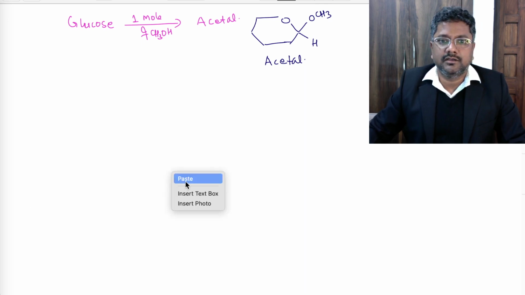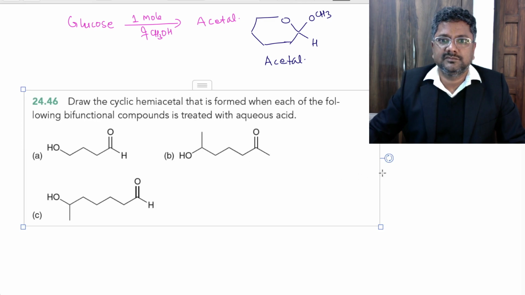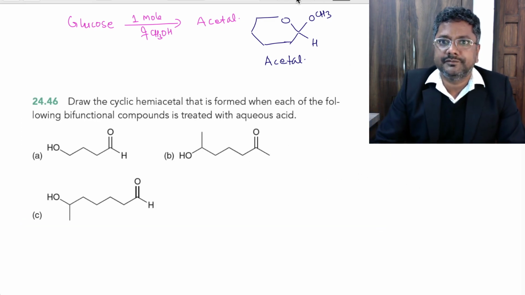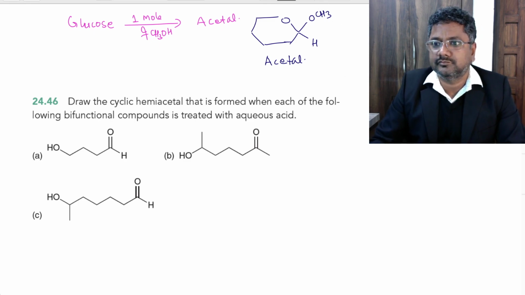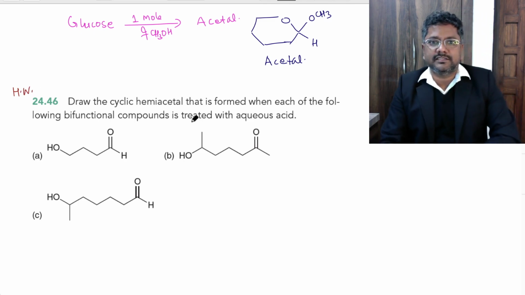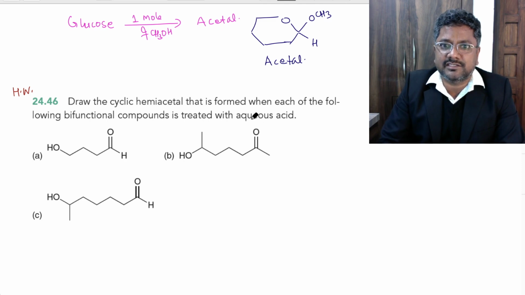See, this is homework for you people. Draw the cyclic hemiacetal that is formed when each of the following bifunctional compounds is treated with aqueous acid.